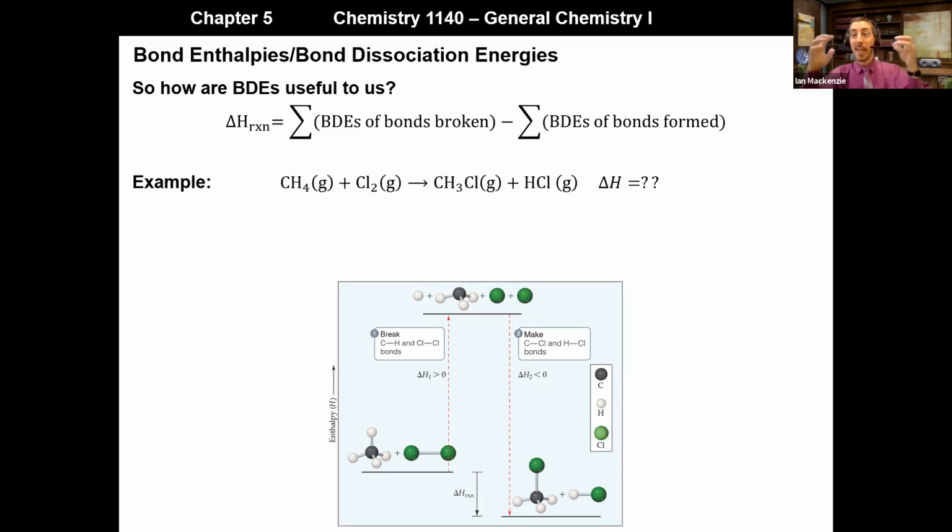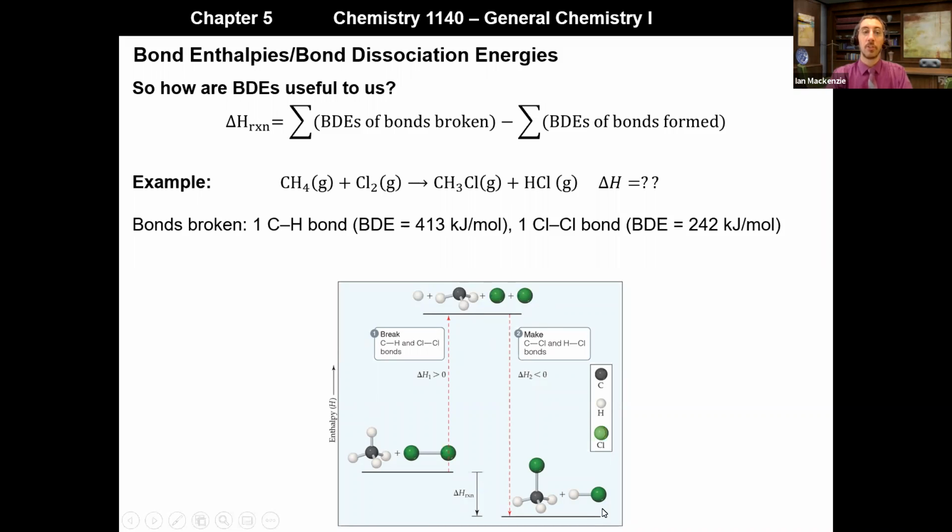However, when we go to make bonds, making bonds is downhill in energy, is now negative, and that's going to be forming the carbon-chlorine bond and forming the hydrogen-chlorine bond. So if I look in the table, I can see that for a CH bond, the BDE is 413 kilojoules per mole.